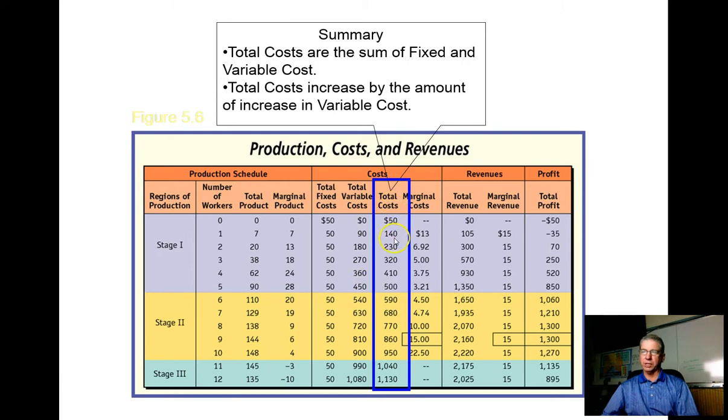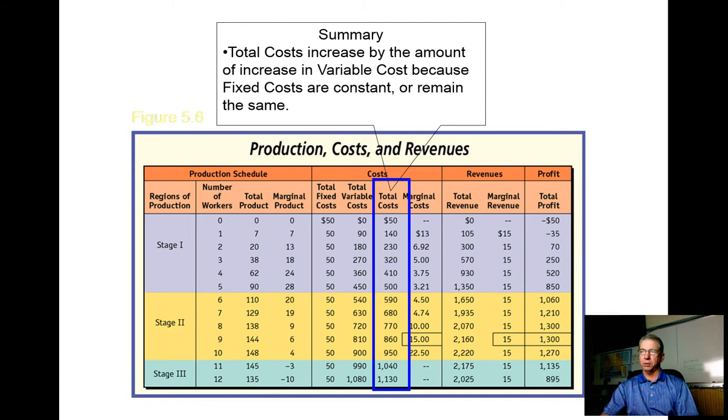The total costs increase by the increase in variable cost as each worker is hired. And that becomes important because this increase in variable cost, or this marginal increase, is required when it comes time to calculate the marginal cost, which we will do in the next exciting Chapter 5-3 video.